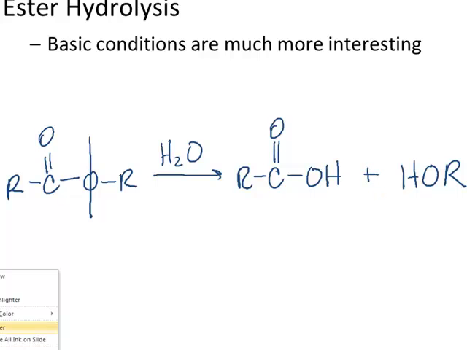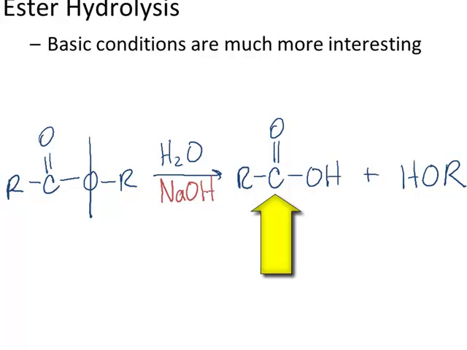But if a base is present, let's say it's something like sodium hydroxide, that is a chemical that will react with an acid, like carboxylic acid. So sure enough, what you have here is a secondary reaction.